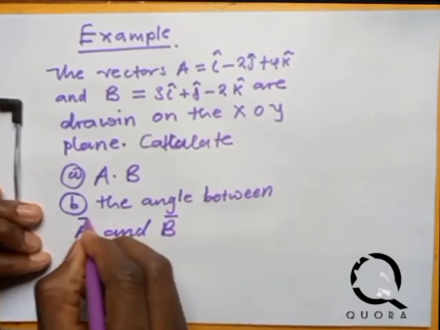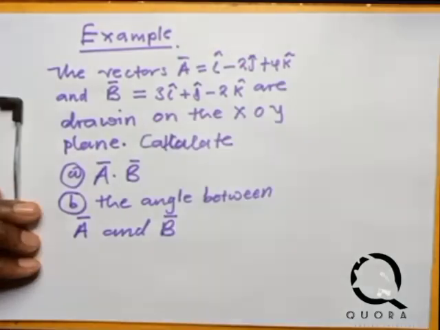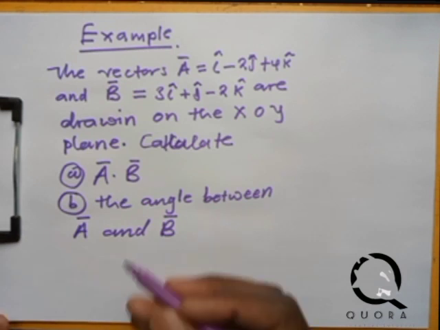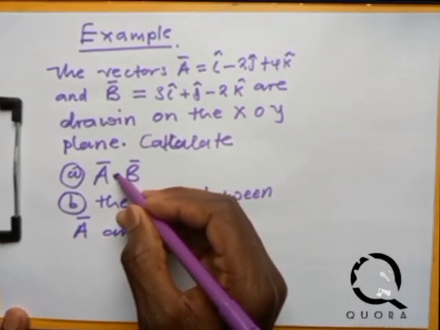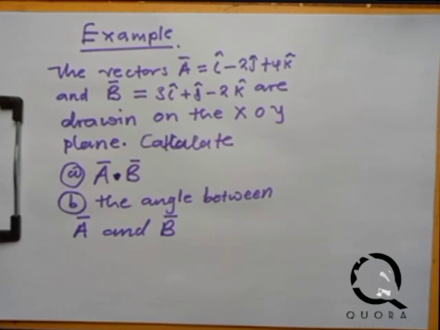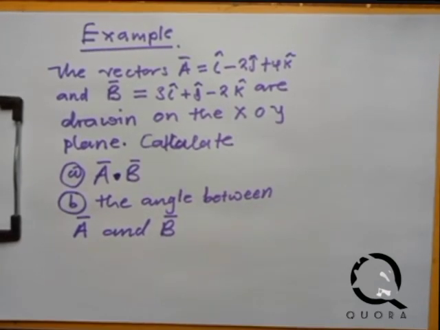Let me use this to show that we're dealing with vectors. How do you calculate? Remember, if you have a dot in between, it simply means you have to multiply the correspondings only. And here is the only difference between the cross product and the dot product.